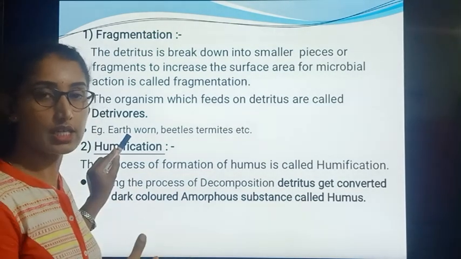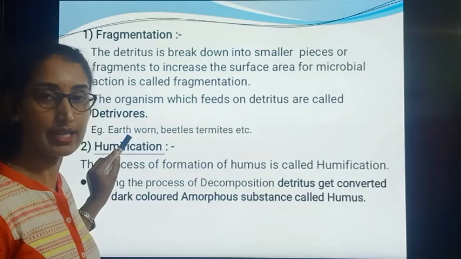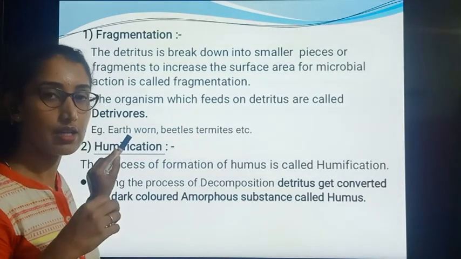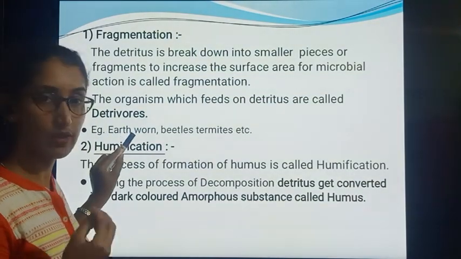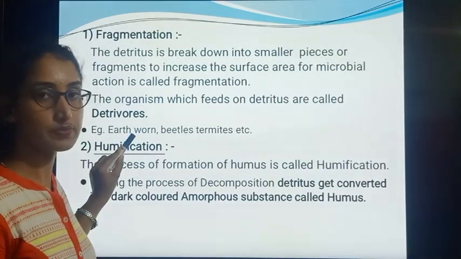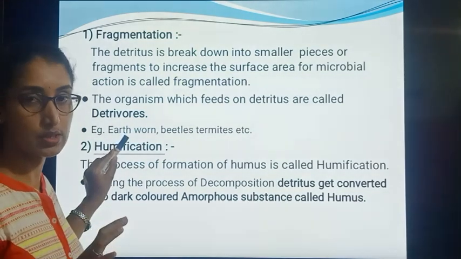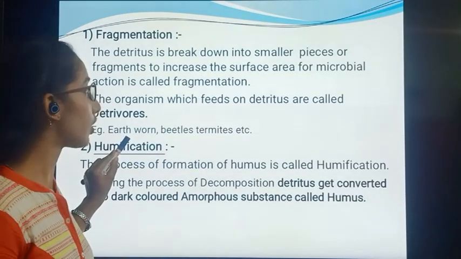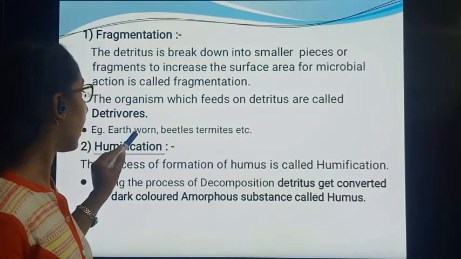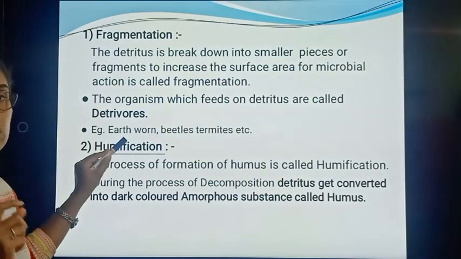The earthworm is present in the earth, and the maximum of the organic substances are present in the earth, and those will be converted by this earthworm. Detritivores help in converting those organic substances, and hence we consider them detritivores.